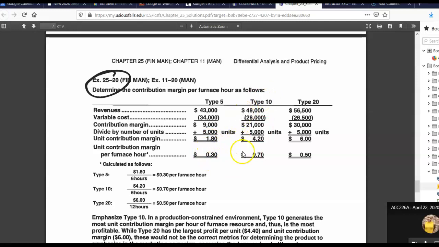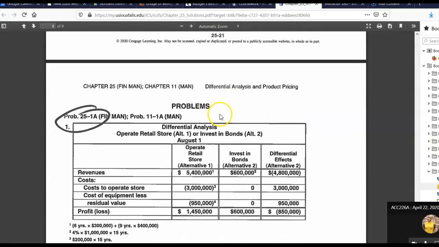So looking at this all over, type 10 is the best because it not only has a very high contribution margin, not quite as high as type 20, but it has half as many hours in the furnace compared to type 20, half as many hours. So we want to focus on type 10 because we actually make more money on type 10 than we do on any of the other products. And then that gets us to the two problems that we started with at the beginning of the hour.